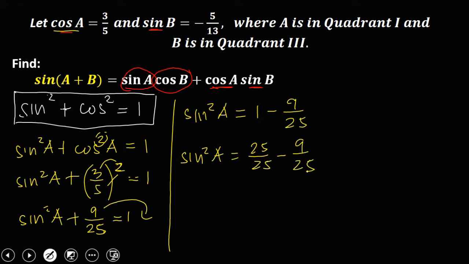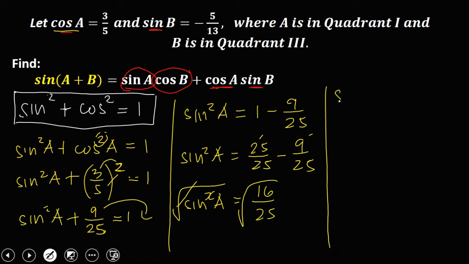Then we can solve for the difference of these two fractions. So sine squared A is equal to 25 minus 9, that's 16, over 25, just copy the denominator. Then to solve for sine A, take the square root. So sine A is equal to positive and negative square root of 16, that's 4, over square root of 25, that's 5.